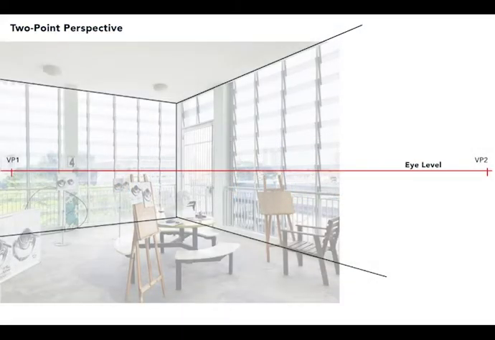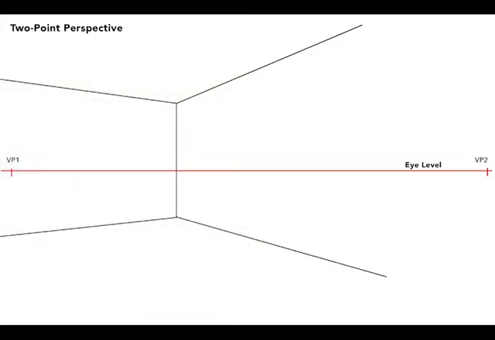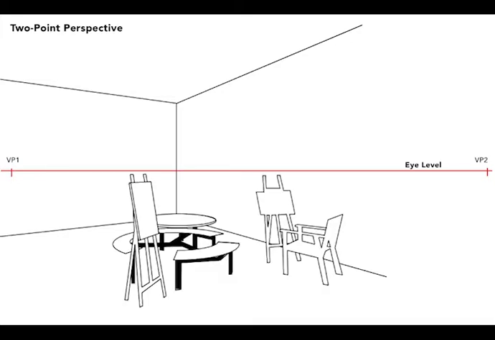Let's turn this space into an illustration. So I'll remove the photo and change the easels and table and chair into a simple line art. Let's put a person in this room for a sense of scale and context.